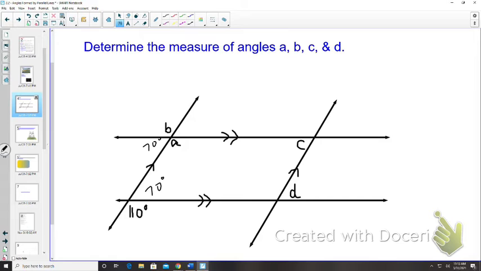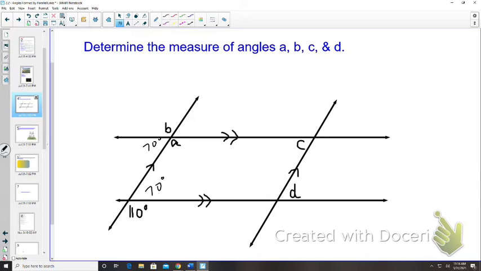Okay, so we're given this angle here is 110 degrees. On the other side of that parallel line, we know it is 70 degrees because any two angles that are on a straight line with a line running through it must add up to 180 degrees.